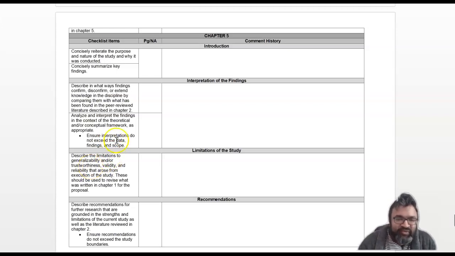Ensure interpretations do not exceed the data findings and scope. So don't make overarching generalizations. Try to keep your conclusions and your interpretation within the context of what you found within the study.